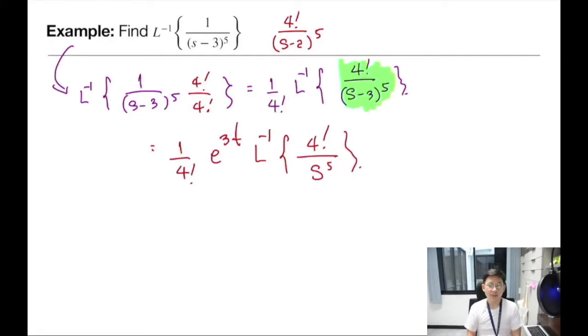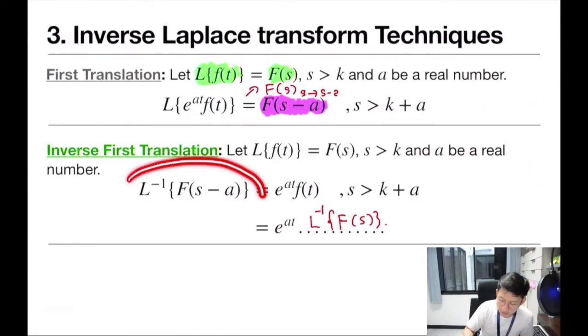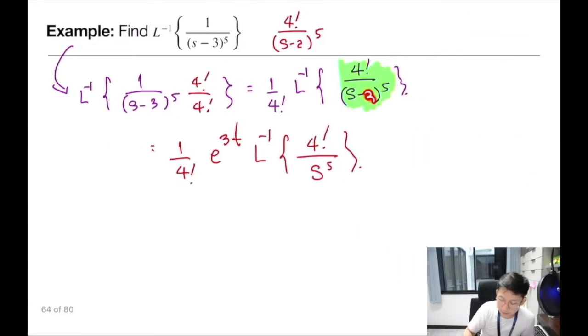Does it make sense? Because look here, the L inverse of the big F of s minus a, in this case is F of s minus 3.